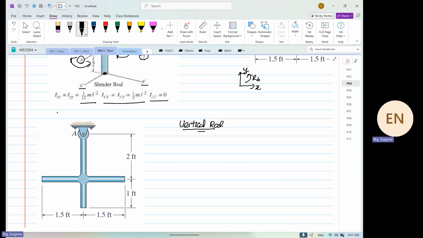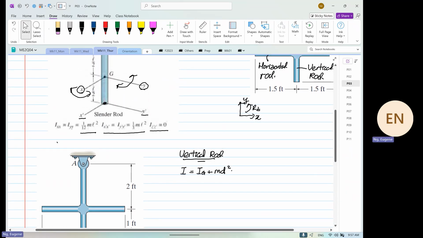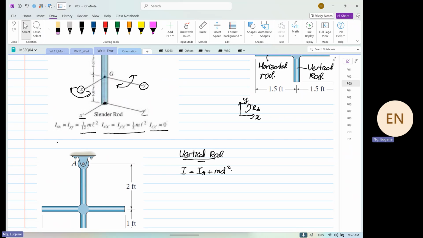So for our vertical rod, the general formula, as we know, is I is equal to IG plus M D squared. There are two ways that we can do this.